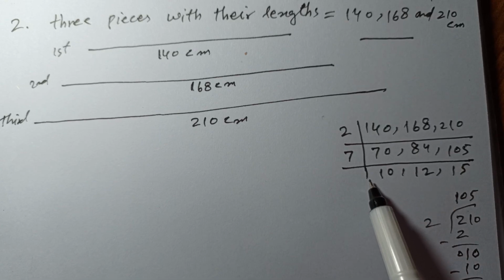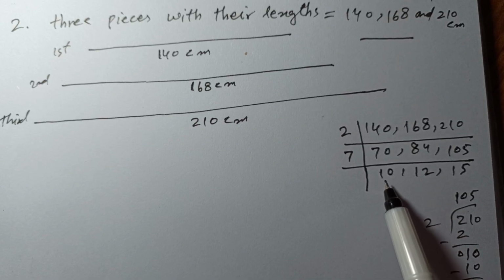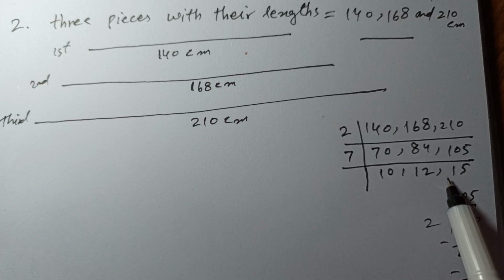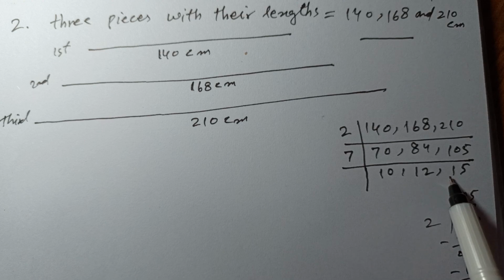Now you will see that no number can divide all by the same prime number, because 10 can be divided by 2 and 5, but 12 can be divided by 2, and 2 can't divide 15.